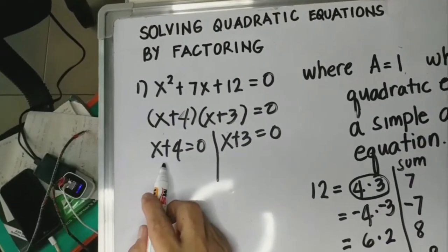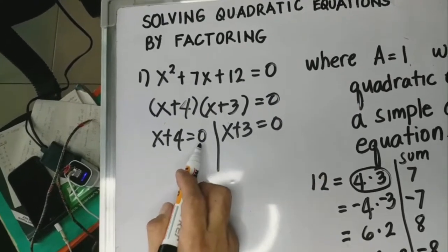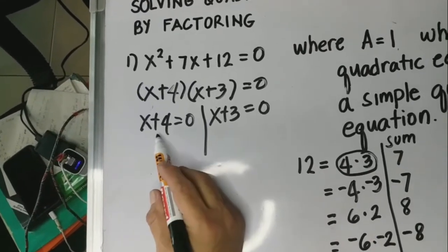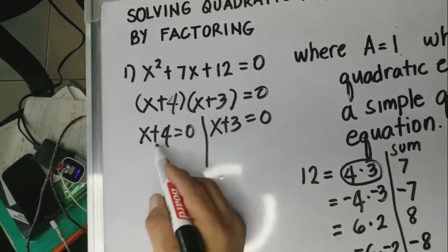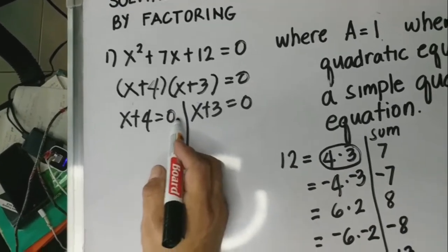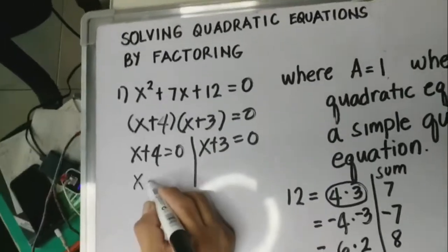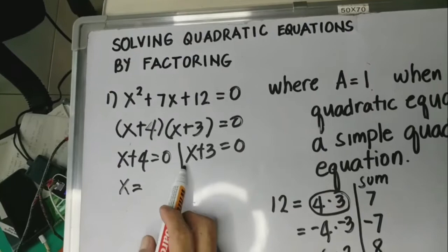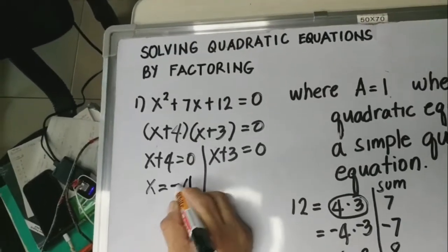Using the zero product property, or the zero factor property, x plus 4 equals 0, then x plus 3 equals 0. Then, using the transferring of one term from one side to another side, positive 4 crosses the equal sign, then positive 4 becomes negative 4.